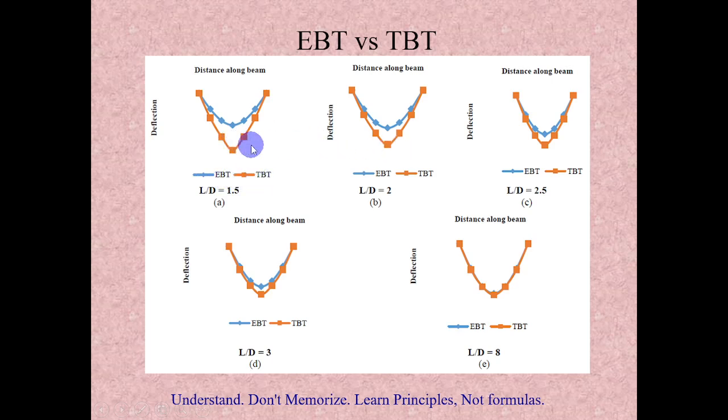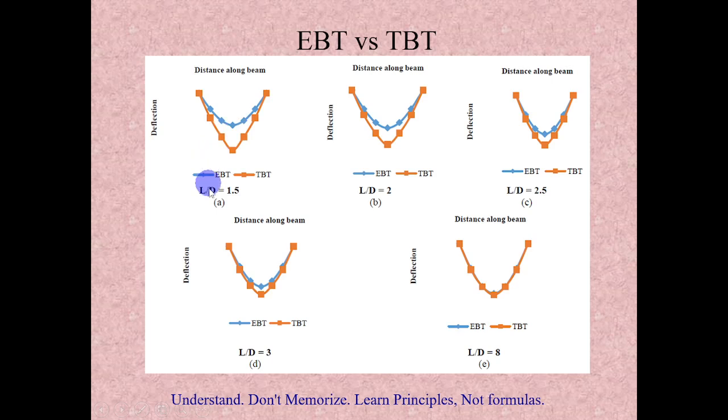When the ratio is less, Timoshenko beam theory gives more deformation because it considers both flexural and shear deformation, whereas Euler Bernoulli beam theory gives less deflection because it considers only flexural deformation.